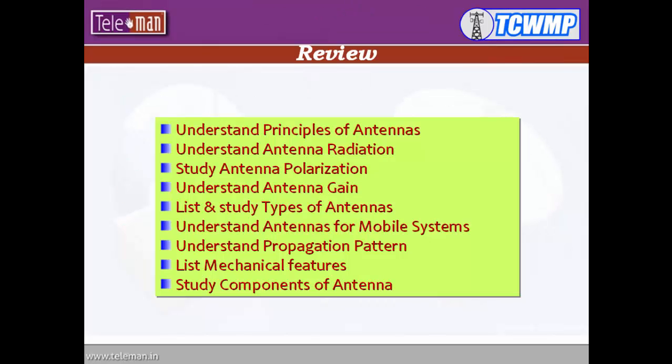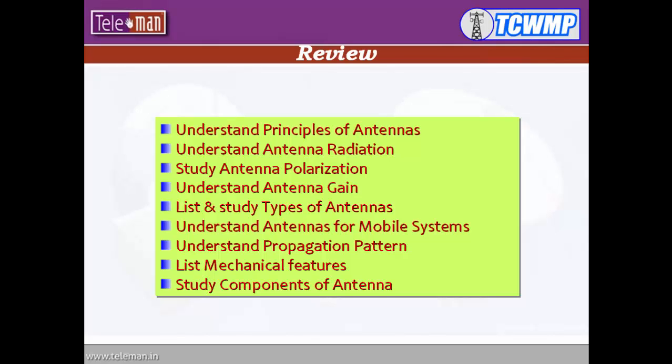So here we discussed the principle of antennas, how an antenna works, and antenna radiation, that is vertical and horizontal radiation. We studied antenna polarization, what is meant by antenna polarization, and antenna gain.